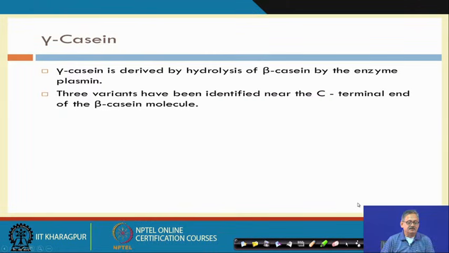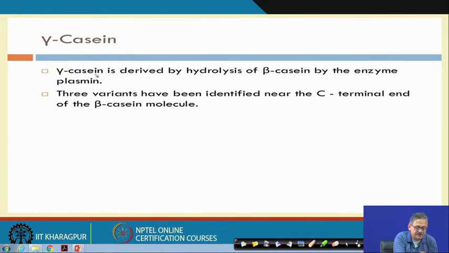The third one is gamma casein, okay. Alpha S1, alpha S2, beta, that is alpha casein, beta casein, gamma casein, right.